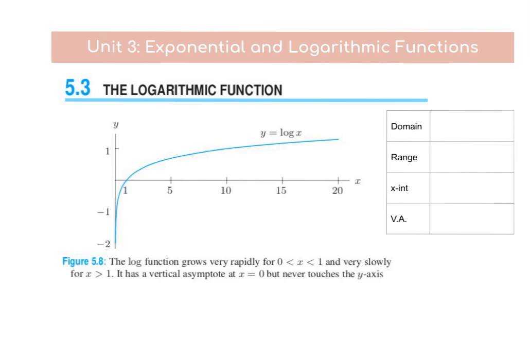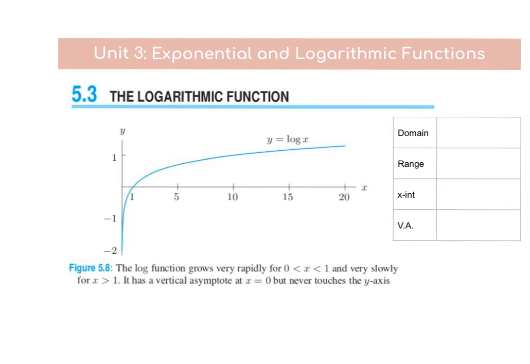This is the graph of log base 10 of x. And if you notice, we have a vertical asymptote at x equals 0. So that's where I say vertical asymptote is x equals 0.